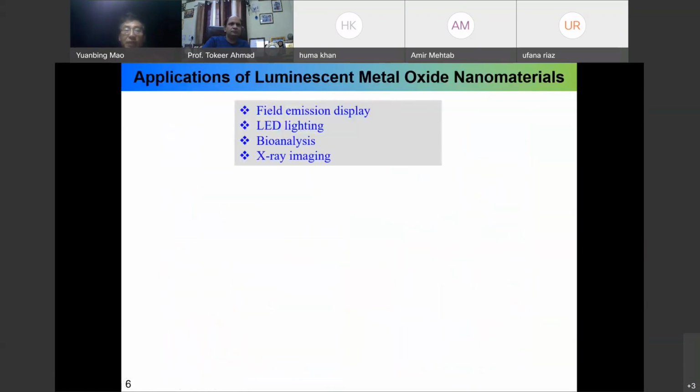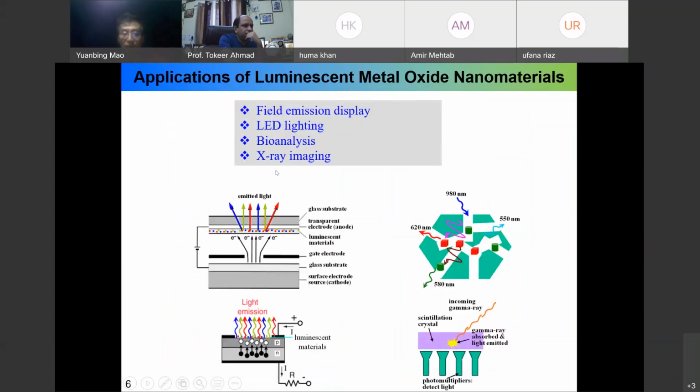And then in terms of the applications, luminescent materials, especially nanomaterials, can be used as field emission display, LED lighting, as I discussed yesterday, bioanalysis, X-ray imaging, those types of applications. Here I just try to schematically show some of those applications, right?